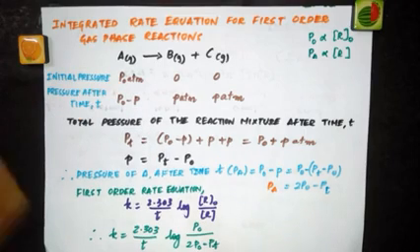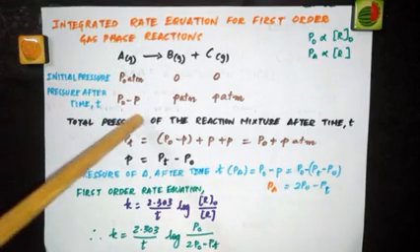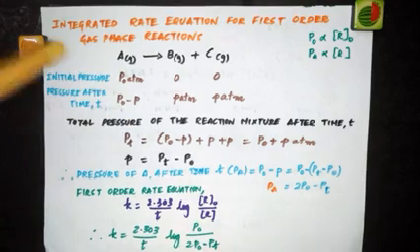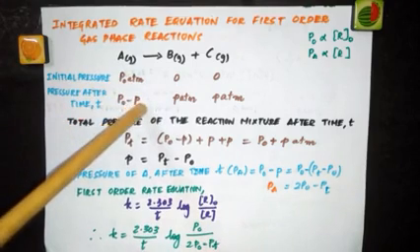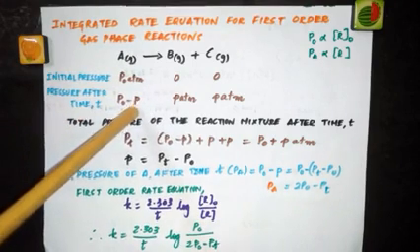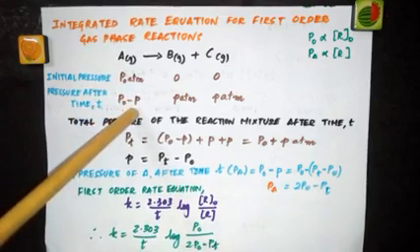When the reaction proceeds, there is a decrease in the pressure of A, and that decrease is equal to the small p. So after time T, what will be the pressure of A? To begin with, it was P naught. After some time, there is a decrease P. So now the remaining pressure will be equal to P naught minus P.